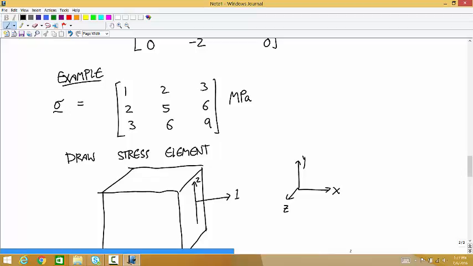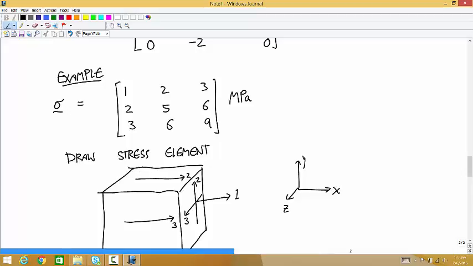And on the X face, the component in the positive Z direction is +3. Now you can put in all the things that are required for symmetry. That has to be 2. That has to be 3.